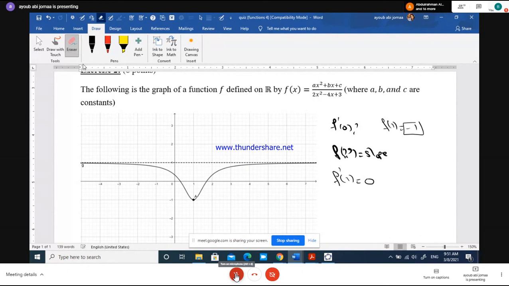You derive the function and then you replace x by its value.